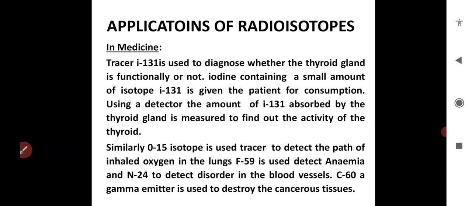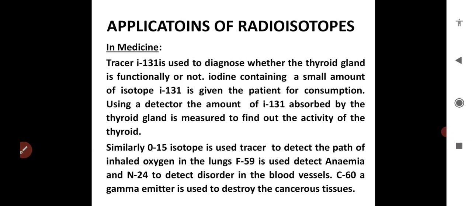A small quantity of the radioisotope is mixed with a common isotope which is chemically similar and introduced into the system to be investigated. Its subsequent path is traced using a detector. For example, in medicine, the tracer I-131, iodine 131, is used to diagnose whether the thyroid gland is functioning or not.